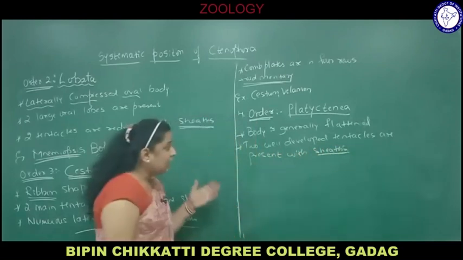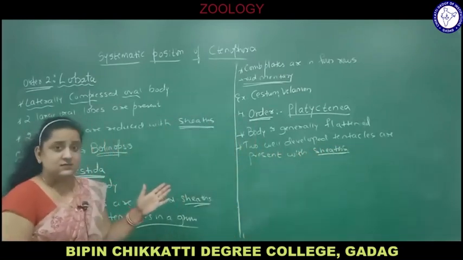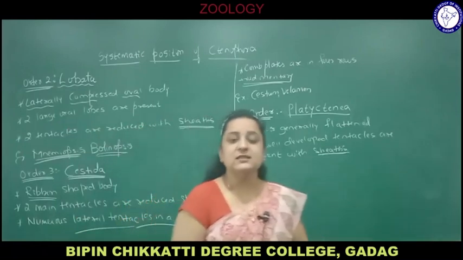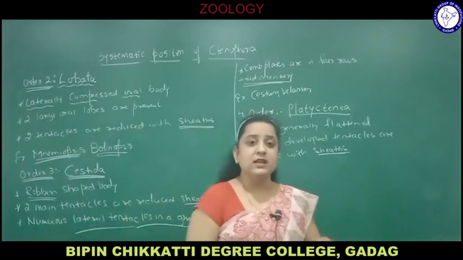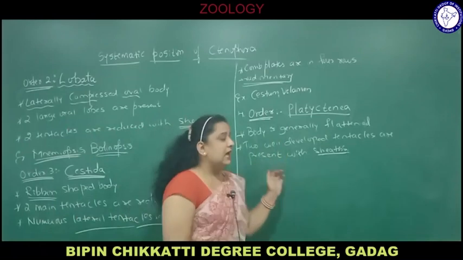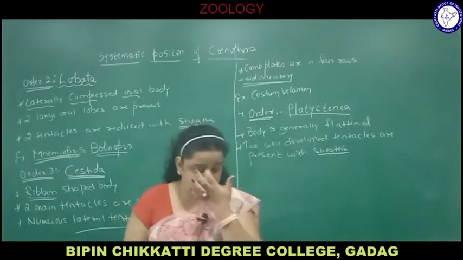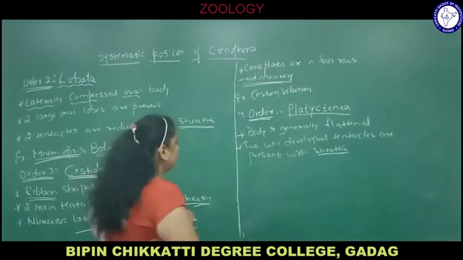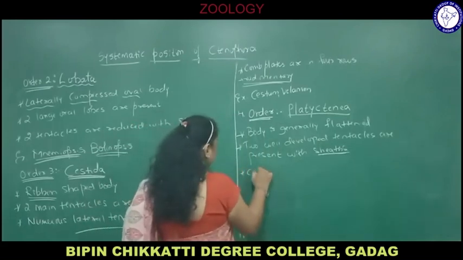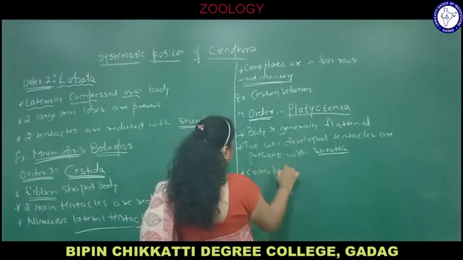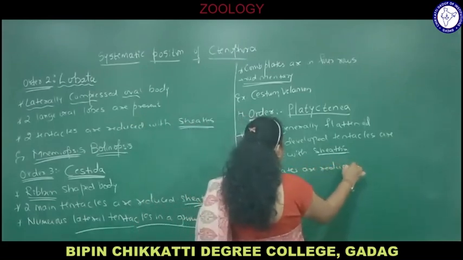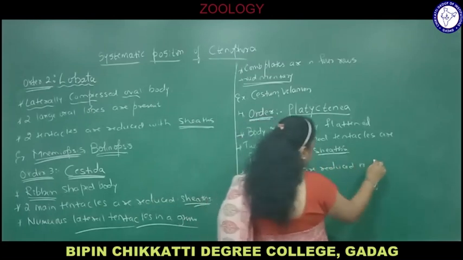Once again, all animals coming under this class or order are having tentacles, because the main class itself is Tentaculata. So they have two tentacles, and comb plates are reduced, or even in some animals absent also.